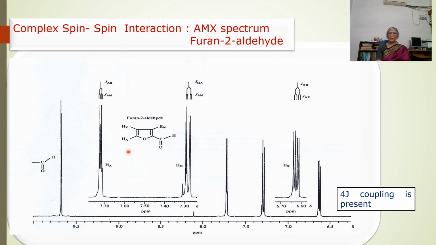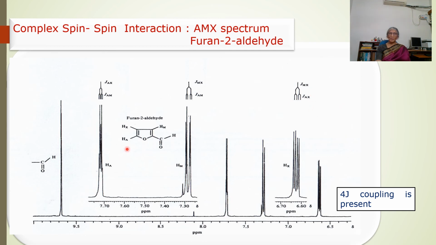Therefore, 3 different groups of protons are present. Proton A shows a signal close to 7.7 ppm, proton M shows a signal close to 7.3 ppm, and proton X shows a signal close to 6.6 ppm. Here you can see long range coupling, that is the J4 coupling, is also present.